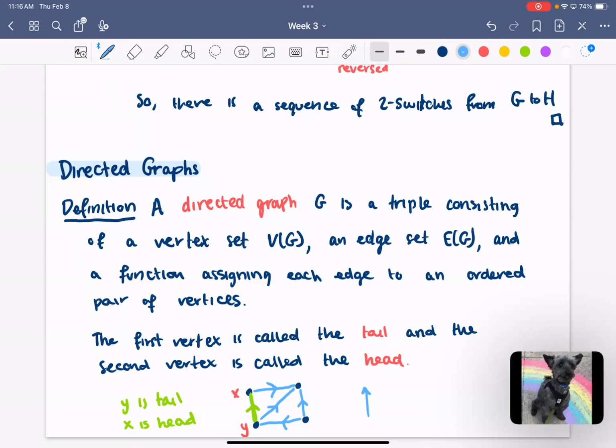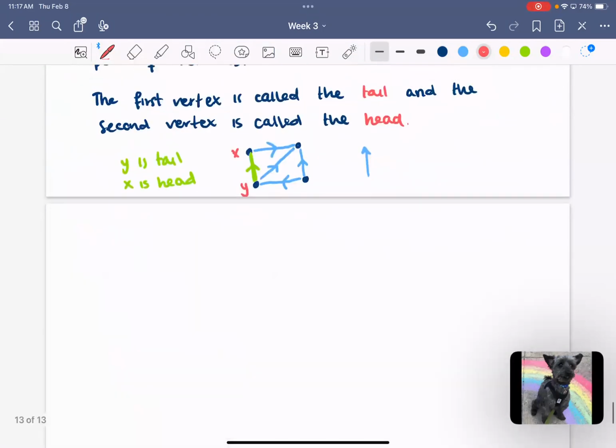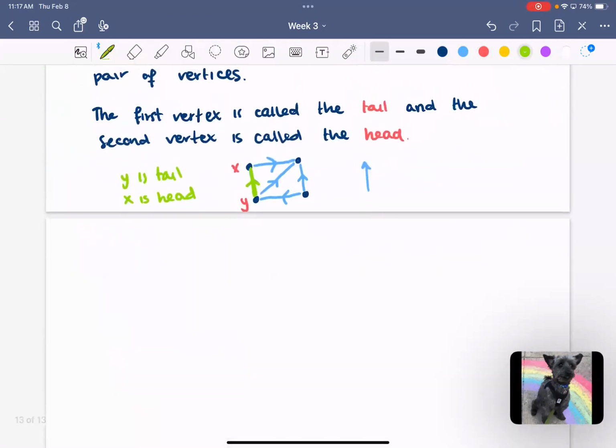Okay, and then we're going to spend a little bit of time translating vocabulary that we already know about graphs into vocabulary about digraphs or directed graphs. So this is also called a digraph. So in a simple digraph, for graphs we've been used to writing edges just as like YX or something like that.